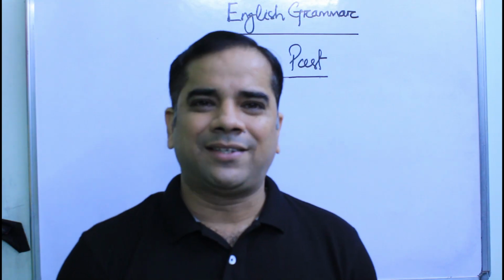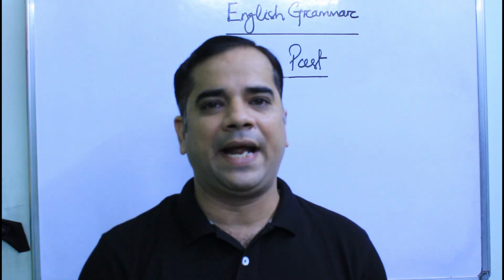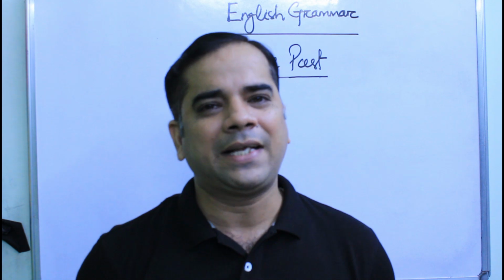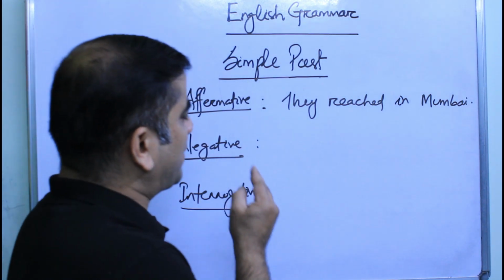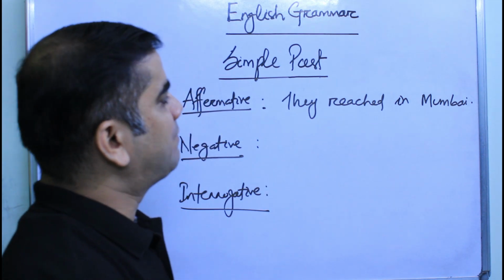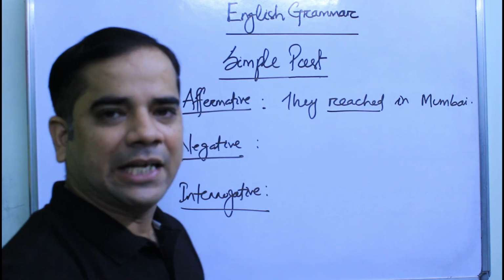Okay. Students, let us now discuss the three forms of the sentence, the affirmative, negative and interrogative sentence in case of simple past tense. Okay. Students, here we have an affirmative sentence. They reached in Mumbai. Okay. Here the main verb is reach, which is in the form of V2 because did is associated with it.